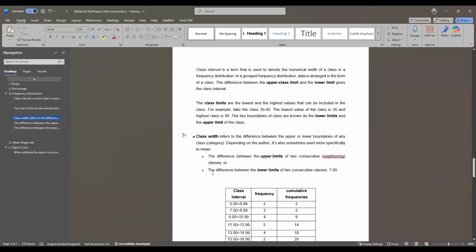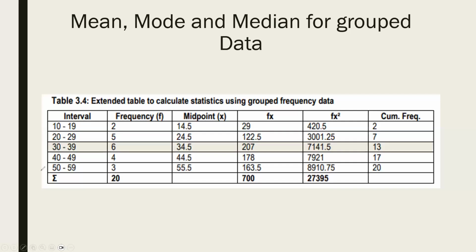I'm going to show you on that table. Then the difference between the lower limits of two consecutive classes also gives the class width. So we are saying these classes are neighboring. The lower limit of the first class is 10. The lower limit of the second class is 20. The upper class limit of the first class is 19. The upper class limit of the second class is 29.